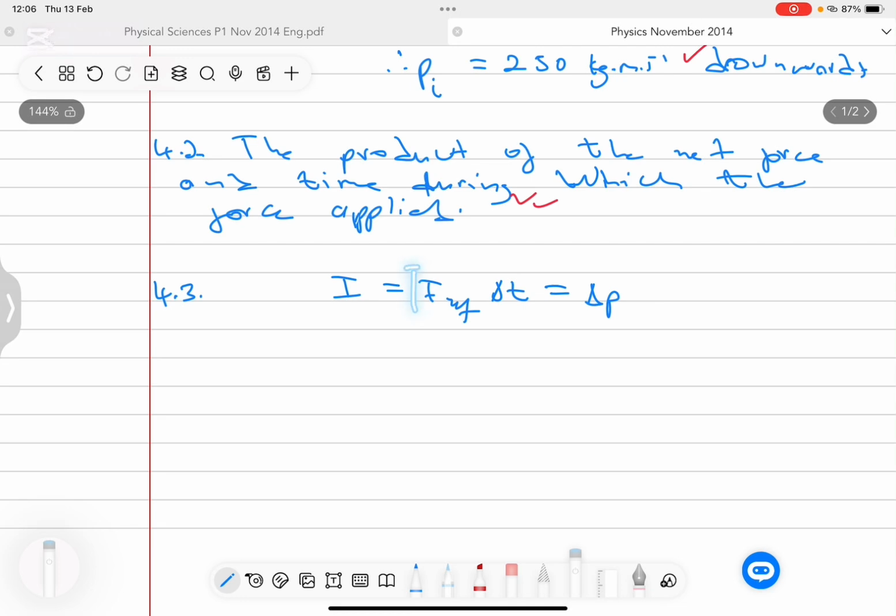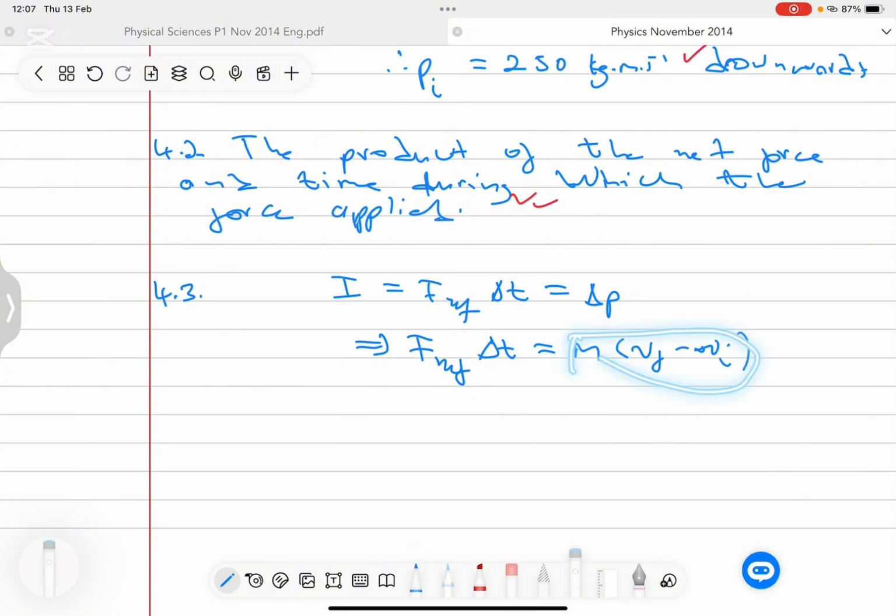Now my focus will be on this part of the equation because I'm looking for the force, I have the time, and the change in momentum can also be built in there. In other words, I can write this as the net force times time is equal to the mass times final velocity minus initial velocity. Remember, this is the change in momentum.